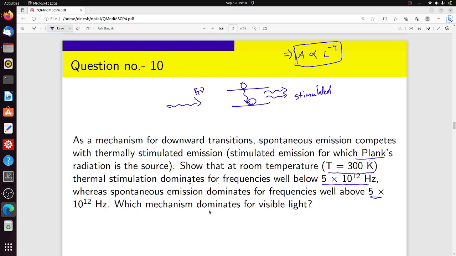So which mechanism dominates for visible light? First of all, this radiation is of frequency 5 into 10 to the power 12 hertz, and the temperature of this system is 300 Kelvin. So any suggestion how to proceed with this question?